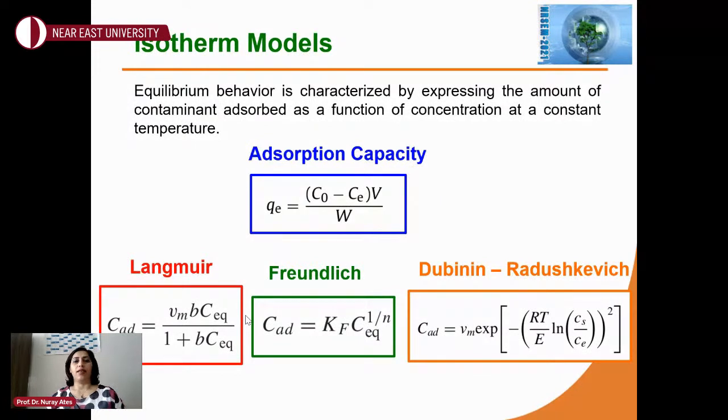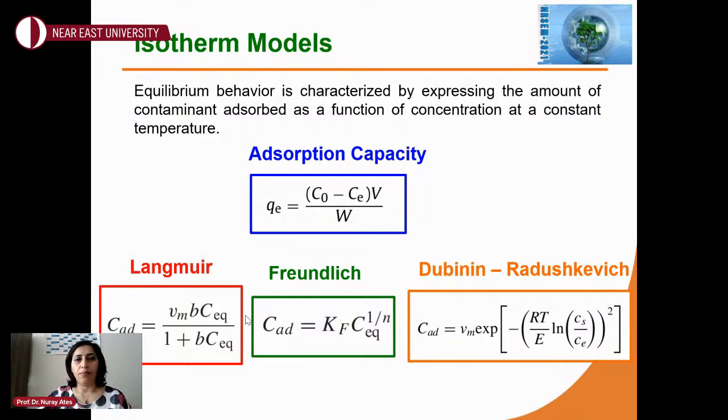Adsorption efficiency is defined mostly by the adsorption capacity. Adsorption capacity can be determined by taking the difference between the initial concentration and the equilibrium concentration of the contaminants or pesticides per gram of adsorbent.